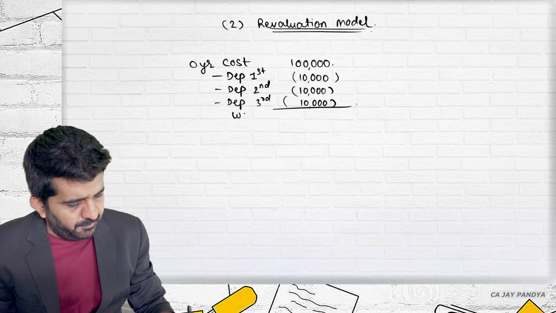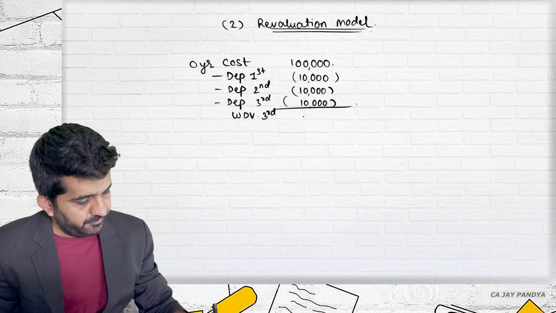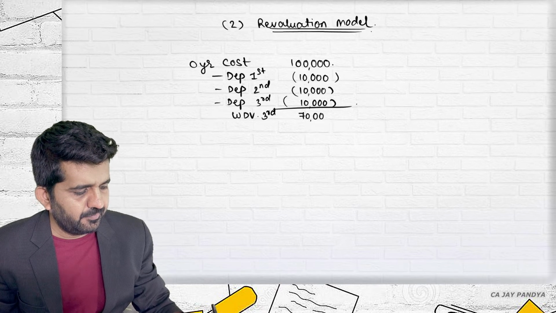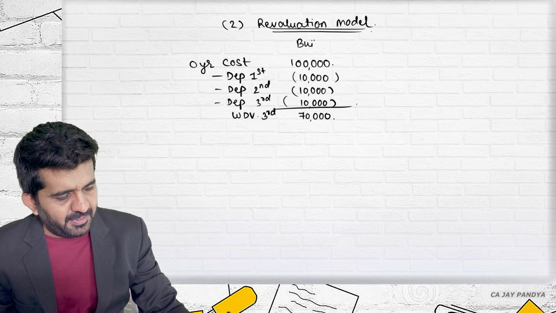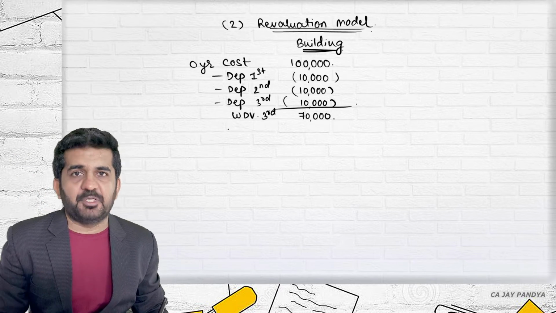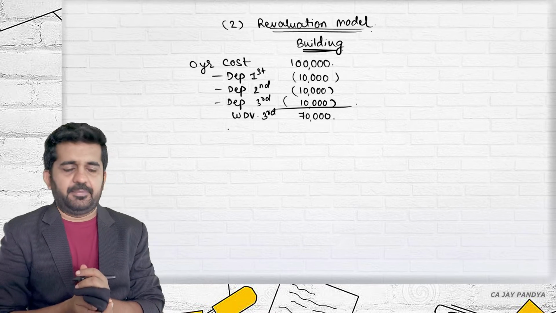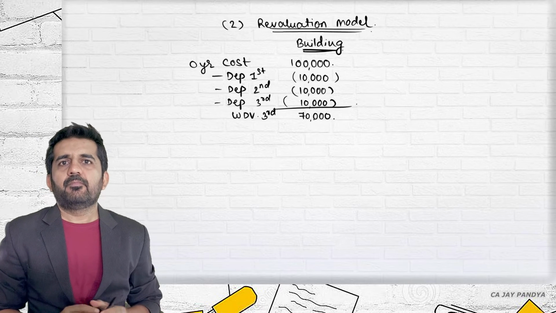What is the WDV, or written down value, at the end of the third year? It is 70,000. Which asset is this? It is a building, not land and building. Land is not depreciated. Building is depreciated. Is it all right? WDV as on the third year is 70,000.